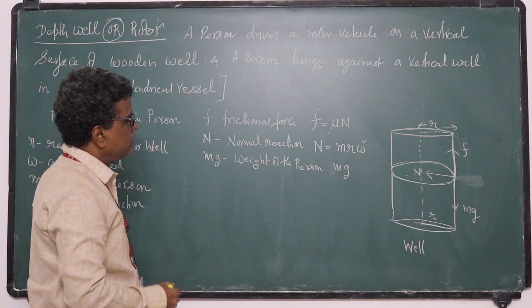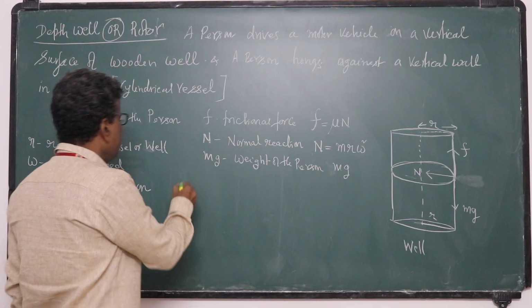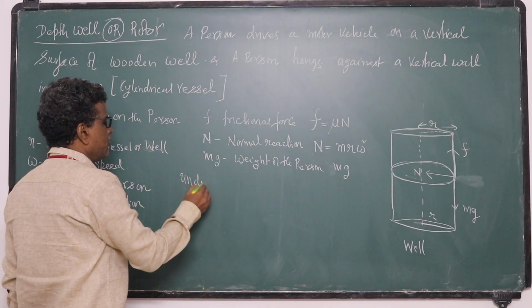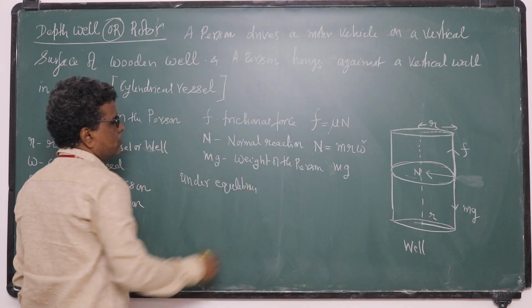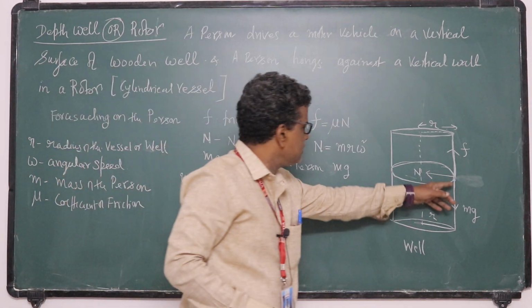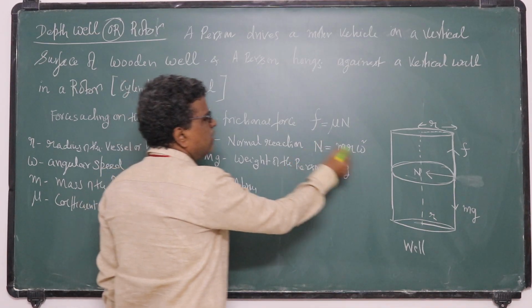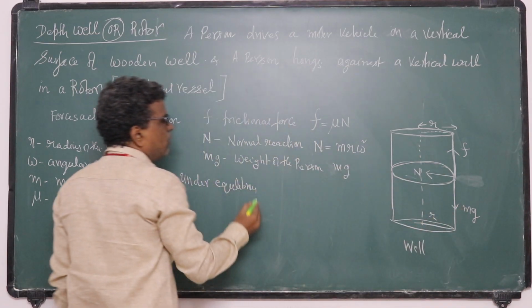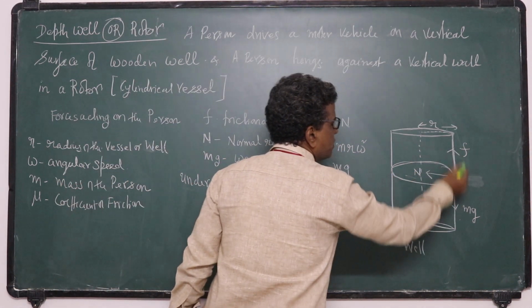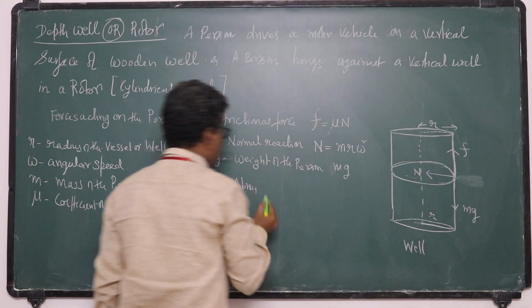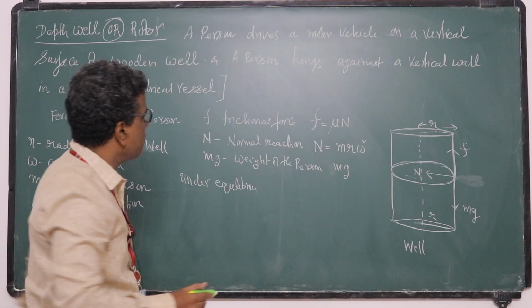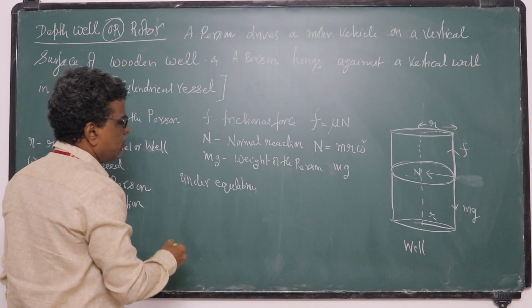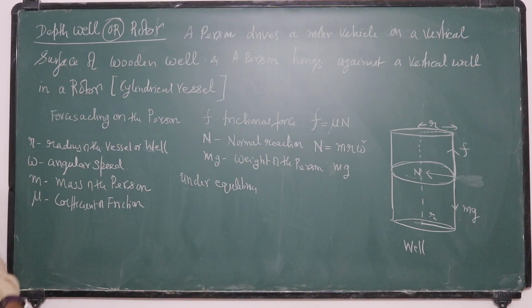Okay. So under equilibrium, it requires the necessary centripetal force. These two forces should balance, and it provides the necessary centripetal force. Here I said the normal reaction will provide the necessary centripetal force. So what is the concept involved here?